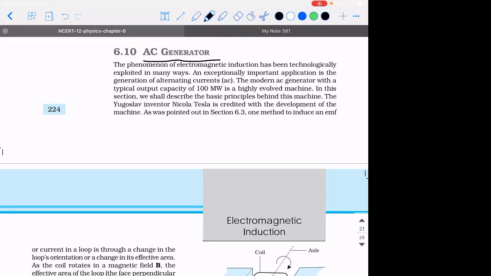So a device which can generate an alternating potential difference is what is called an AC generator. Correct? Am I clear? Yes, sir.